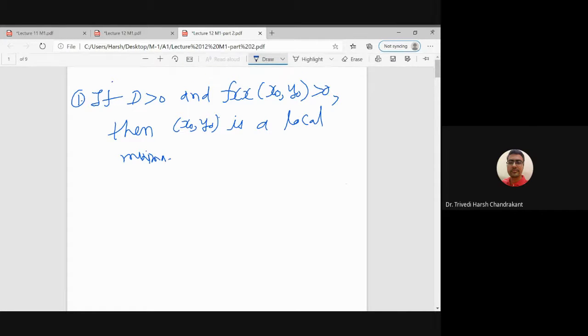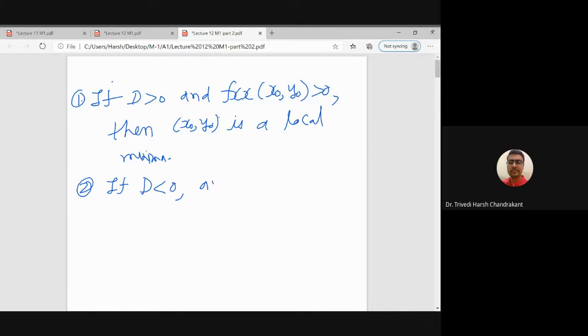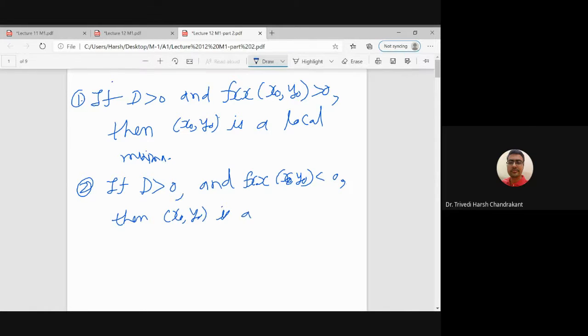And the second condition is if D is greater than 0 and fxx at (x0, y0) is less than 0, then we have a local maximum.